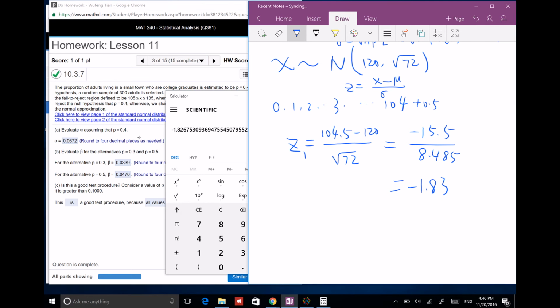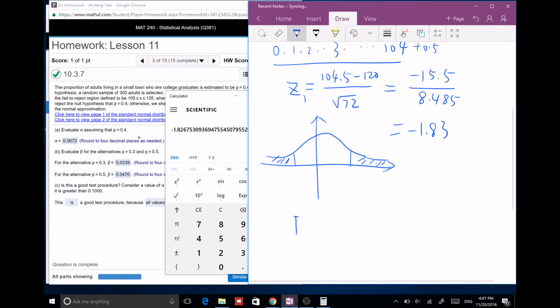And then you reject it, right? Rejection actually has two sides. If it's in the middle, you don't reject it, but if it's on this side, you reject it, and this side, reject it. They're symmetric. So suppose this is Z1 and this is Z2. You only have to find one of them.